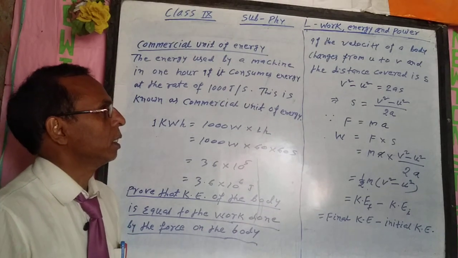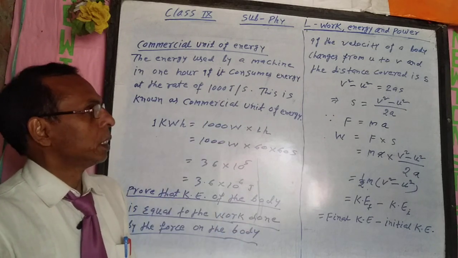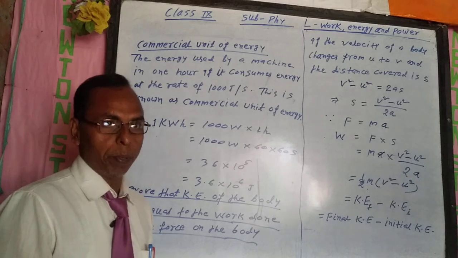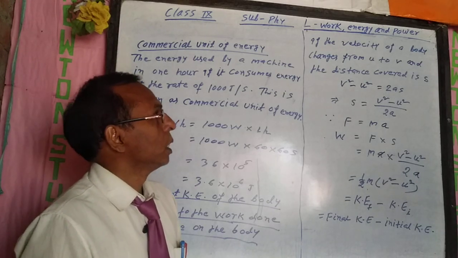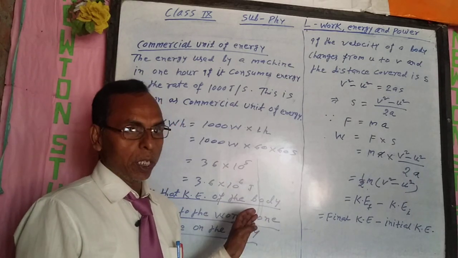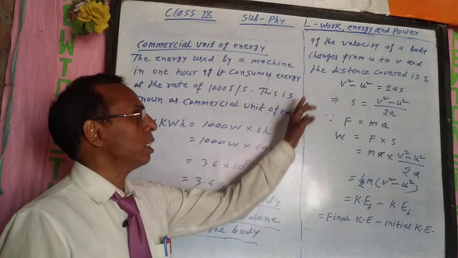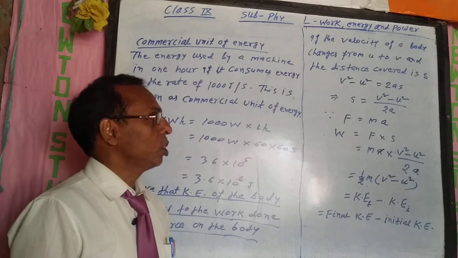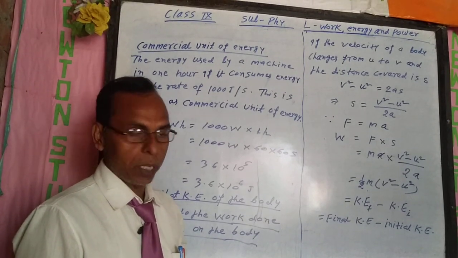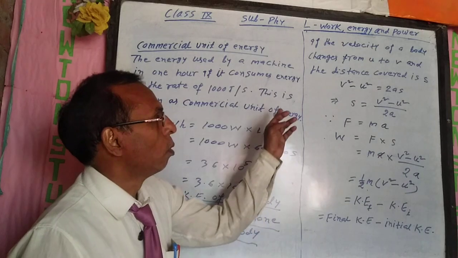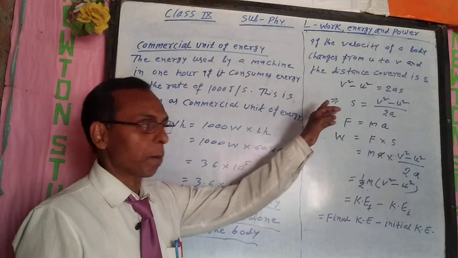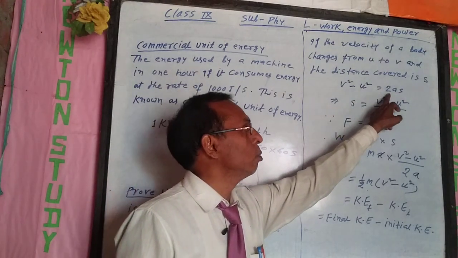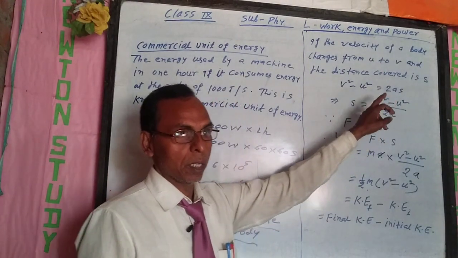If the velocity of a body changes from u to v and the distance covered is s, then from the third equation of motion v square minus u square is equal to 2as.